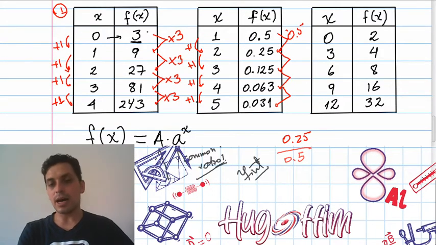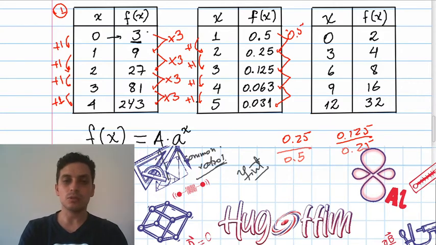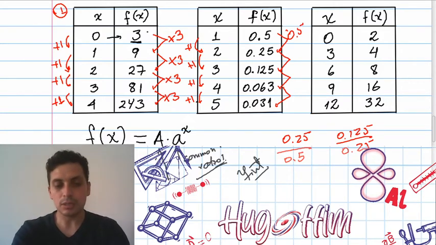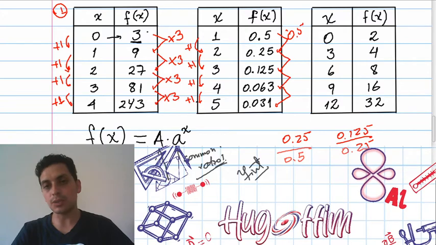Now, 0.125 divided by 0.25. I'm going to use a calculator to see 0.125 divided by 0.25. Hey, it's 0.5 as well, so it's probably our common ratio.